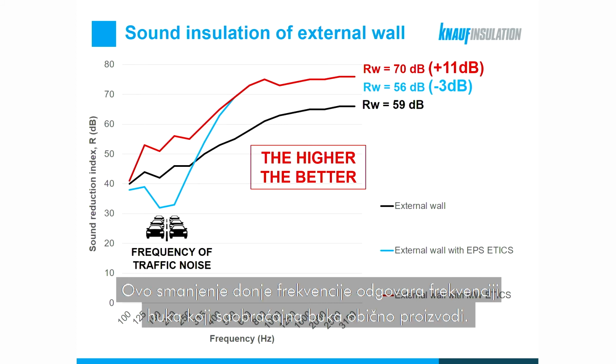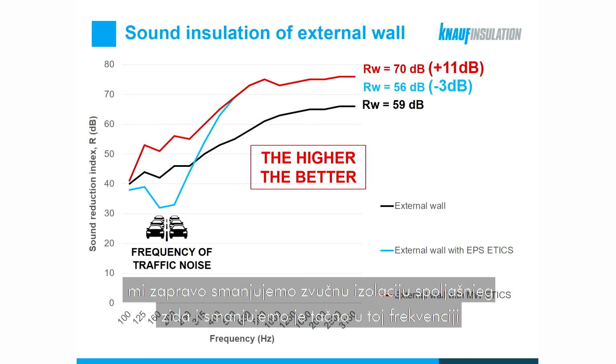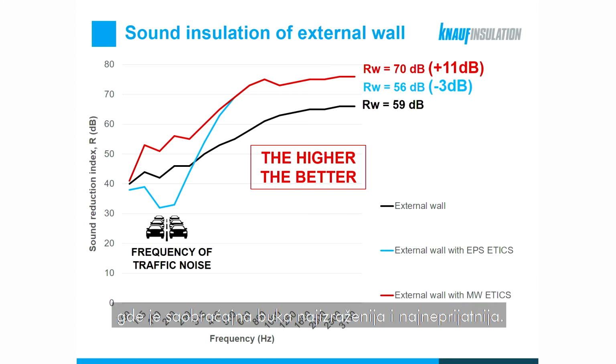And this reduction in the lower frequency matches the frequency of that hum that the traffic noise usually produces. So eventually, instead of increasing the sound insulation of the external wall, which would be intuitive because we are adding extra layers of insulation, we actually reduce the sound insulation of the external wall, and we actually reduce it exactly in that frequency where traffic noise is usually the most predominant and most annoying.